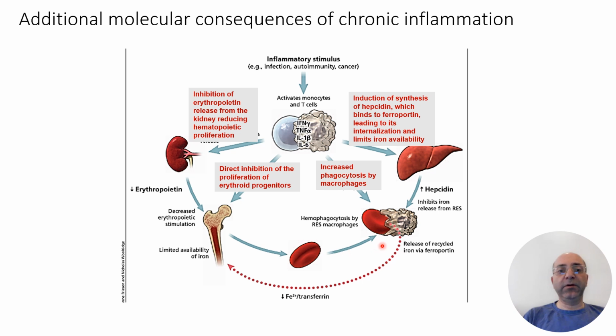That would result in increased phagocytosis of RBCs by macrophages. It would also result in inhibition of the production of hepcidin by the liver, and that results in no production, no absorption of iron by intestinal cells and so on.